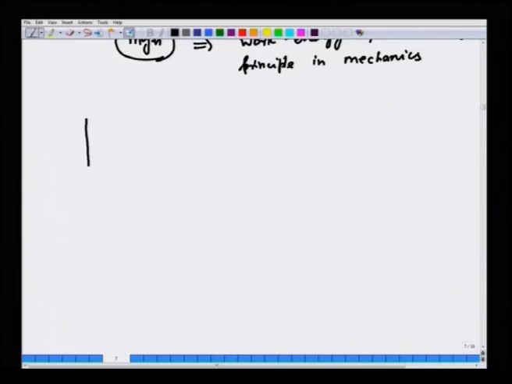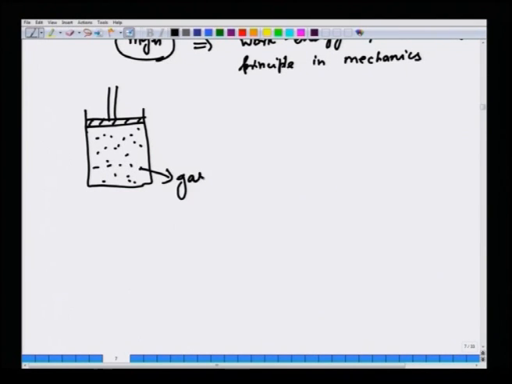But now we are in the domain of discussing energy conservation for systems like a beaker of a fluid. For example, you may have a piston cylinder assembly, and you may have a gas, a dilute gas such as air, present inside the piston cylinder assembly.